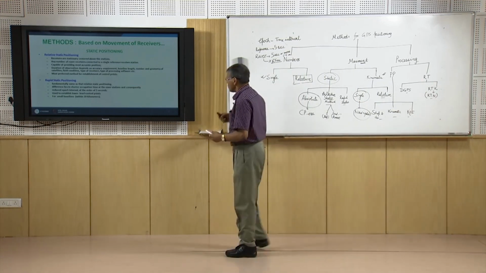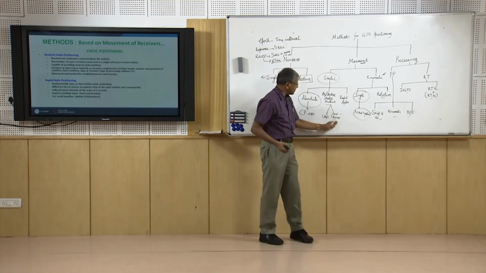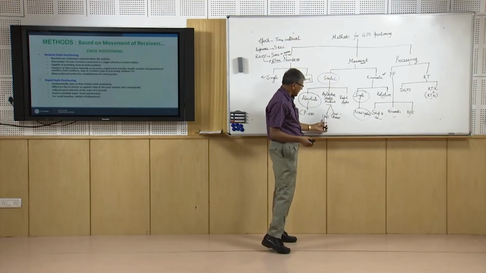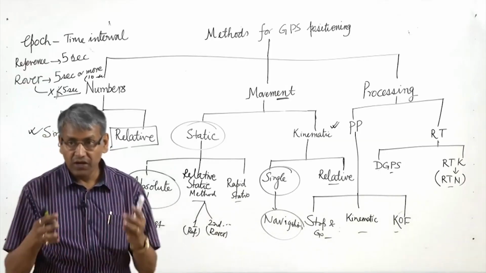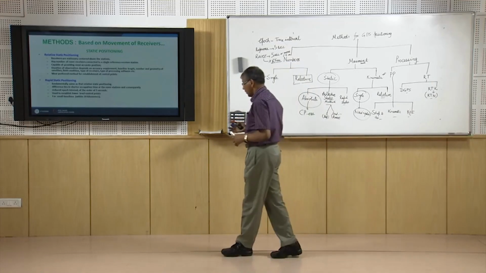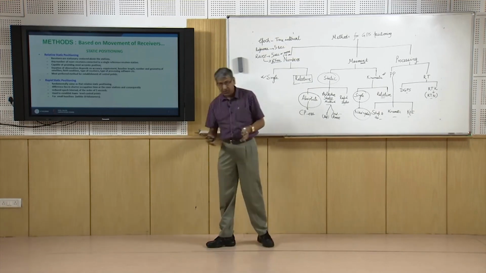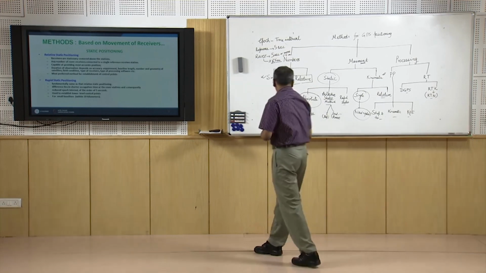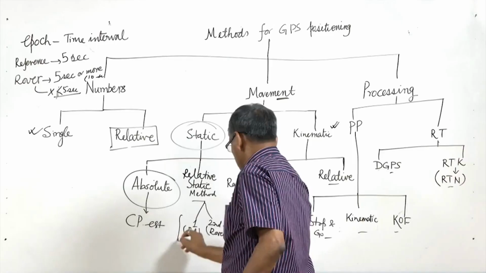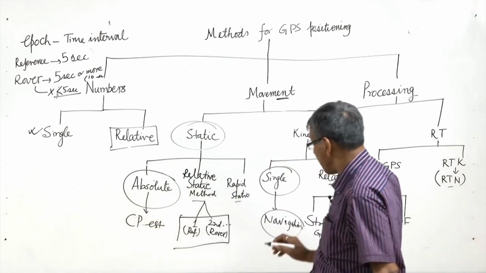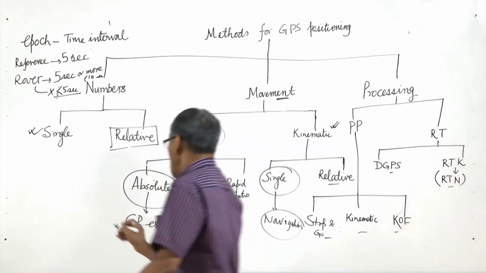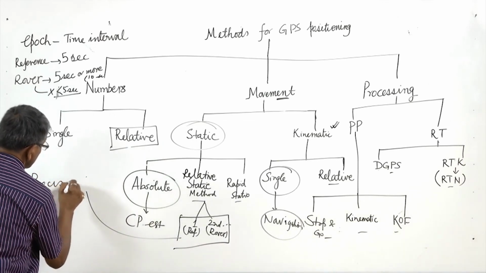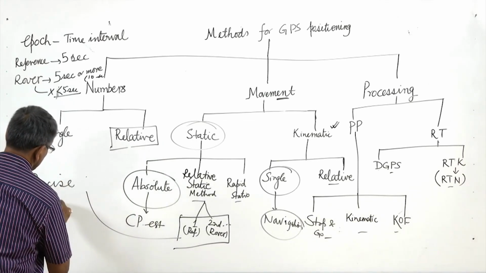Later we will download the data from all the receivers and process together, and the position of the reference receiver is known. With respect to that, the locations of the other receivers will be determined. For very accurate positioning we go for this, but in that case we should make use of precise ephemerides.